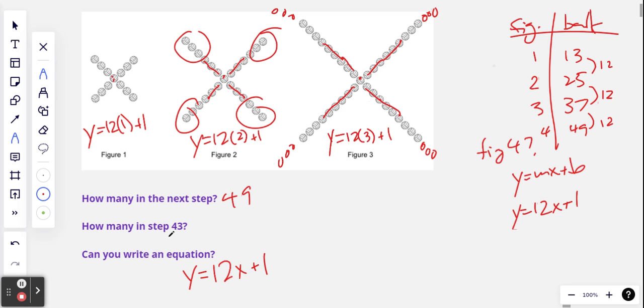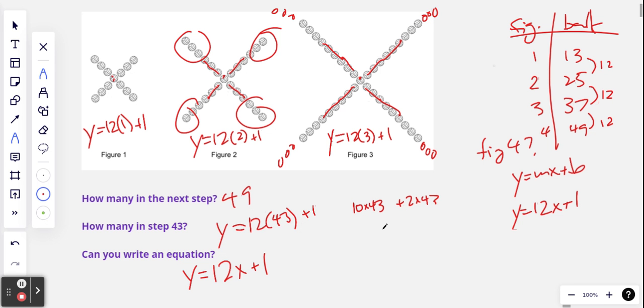And then to determine the number in figure 43, we just have to plug in 43 for x in this equation. So y equals 12 times 43 plus 1. Okay, what is 12 times 43? I think I'm going to do this in 2 steps. I'm going to think of this as 10 times 43 plus 2 times 43, right? Because 12 is 10 plus 2.